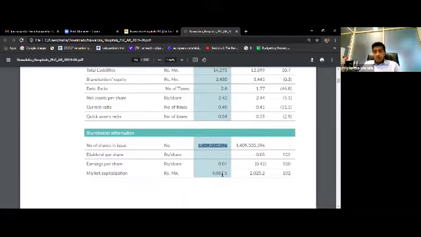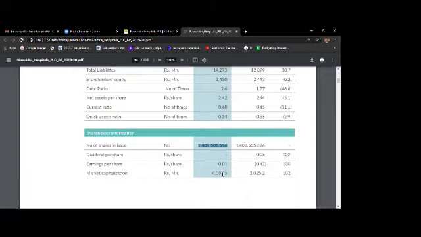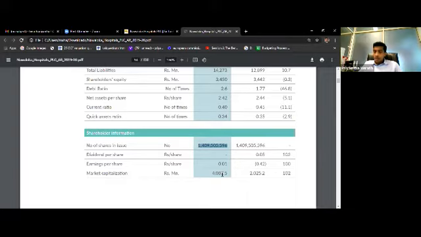The market capitalization is the market value of equity. In other words, the share price into the number of shares in issue. In this case, the number of shares, 1.4 billion, is here and the market price is not disclosed.